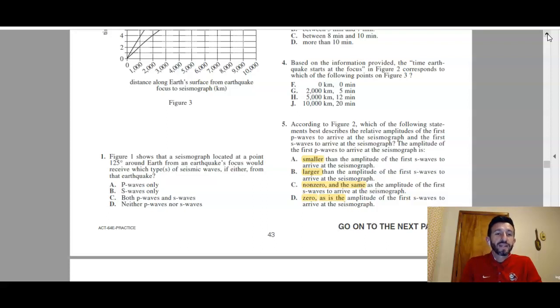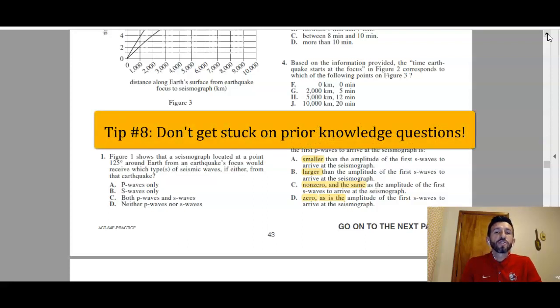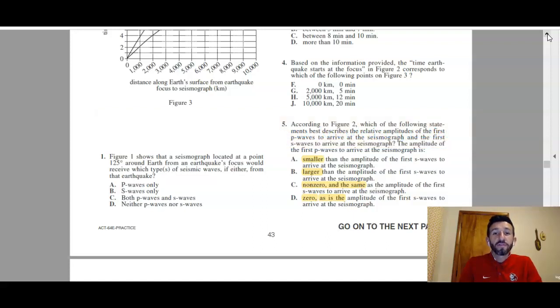If you don't, here's tip number 8. Don't get stuck on questions about scientific facts. Okay, if you don't know, do the best with what you got and just move on. You don't have time to get stuck on a question. Okay, so let's say I don't know what amplitude is. I'm still gonna try to answer this as best as I can.